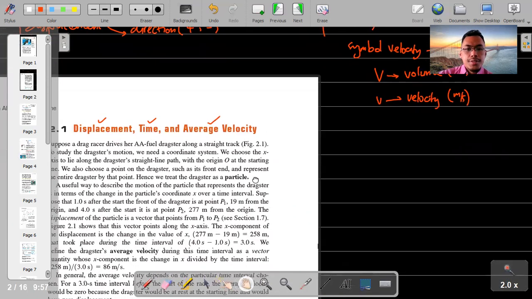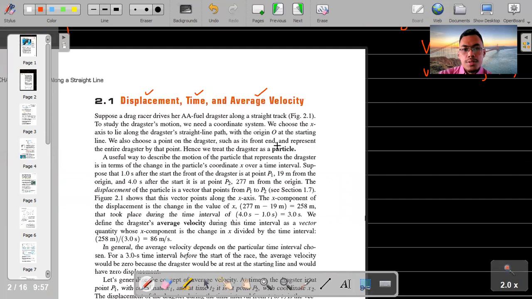Also there is a word in bold form, and it says particle. When we are analyzing the motion of certain things, we can simplify the system into only a particle.